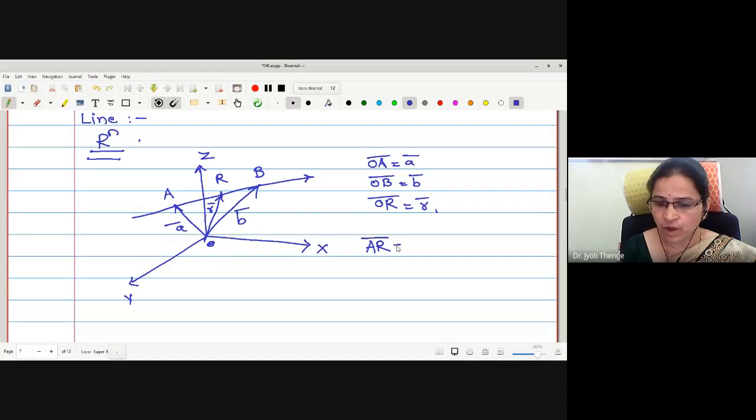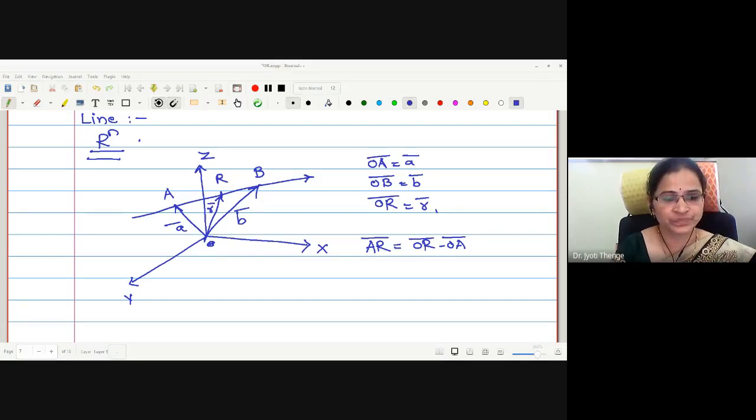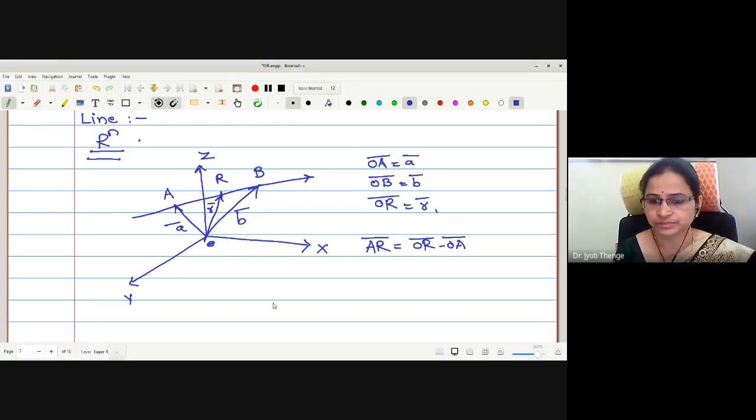How can I find AR? Is it OR bar minus OA bar? Vector calculus we have seen in detail in our 12th standard. Therefore, this AR vector can be found by OR minus OA. Correct? If you have a difficulty, you can ask me.